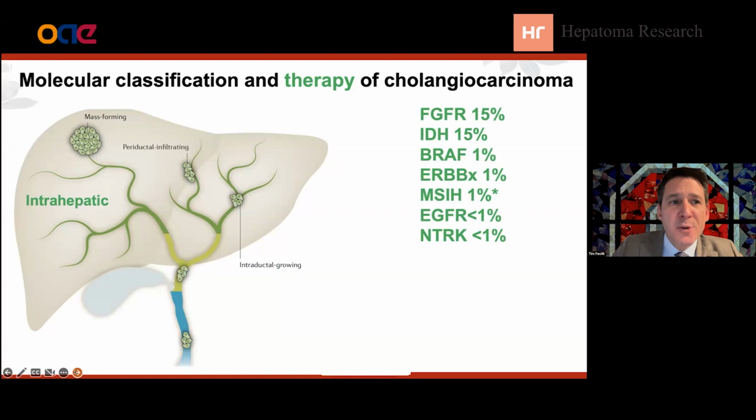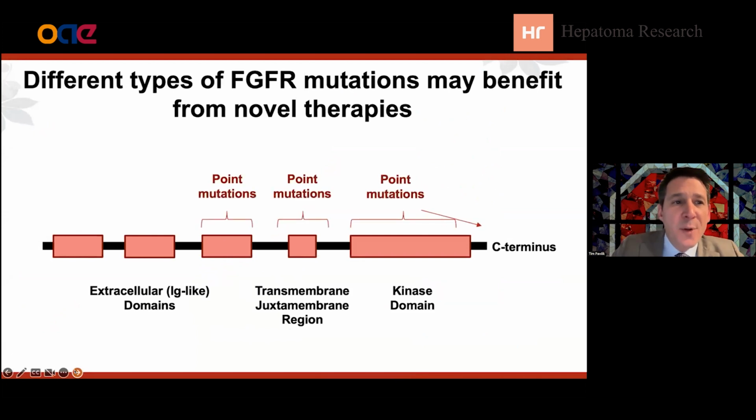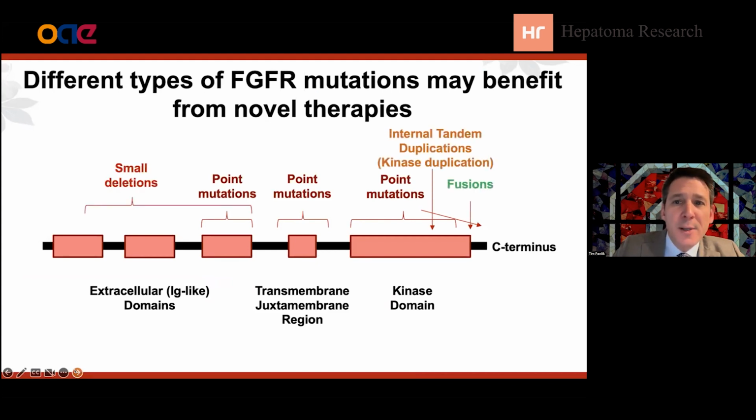Many patients with intrahepatic cholangiocarcinoma will have a specific molecular perturbation, either an FGFR, IDH, or a subset with BRAF. And more recently, there have been several studies looking at targeted therapy. For example, with FGFR, there may be point mutations, there may be fusions, or there may be small deletions.